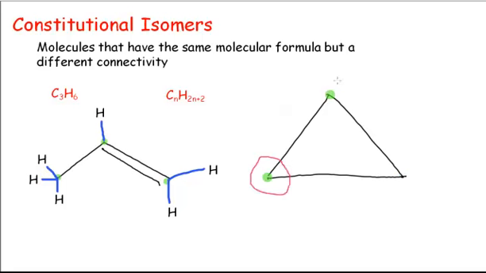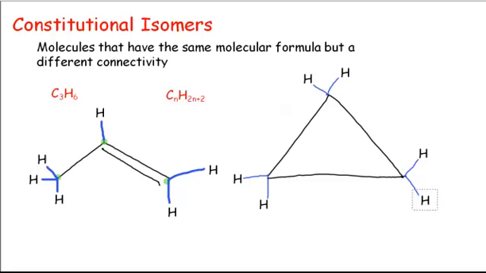Each carbon shows 2 bonds explicitly. So that means to each of those carbons I'm going to need to add 2 hydrogens. Let me go ahead and draw them in. So there we have our second constitutional isomer of C3H6.